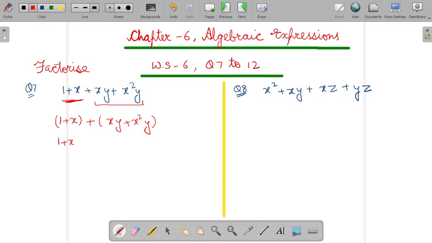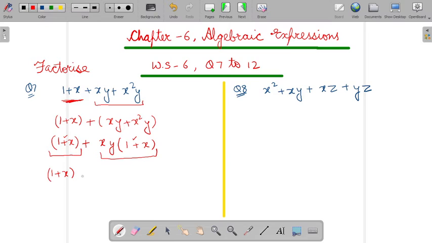Let's move ahead now. From this term, can you see anything common? X and x square. So x is common and y is common. So what is left out? 1 plus x. Now take this as one term and this as another term. Now out of these two, 1 plus x is common. We can see 1 plus x is in both the terms.